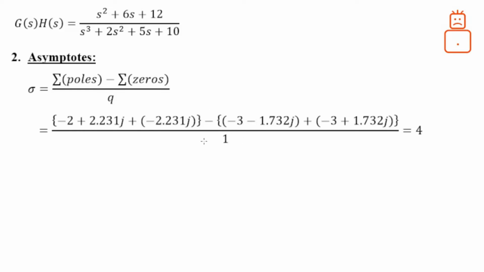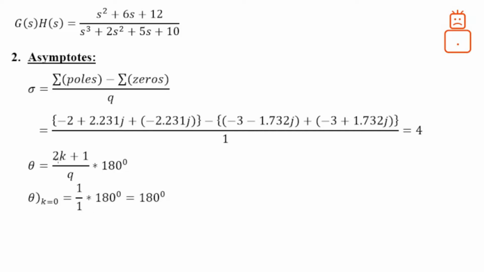If we use the roots we saw earlier, we can find that the focus, or the starting point of the asymptotes, is at +4. Since we have 1 zero at infinity, we're going to need to know at what angle the branch goes to infinity. So it will be 180.